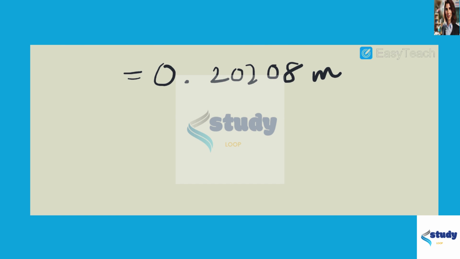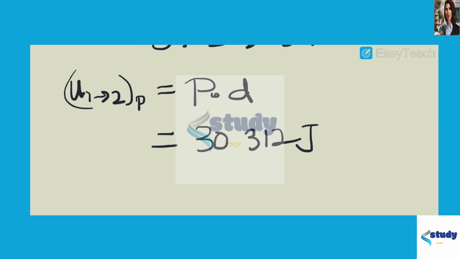Now, again, we solve for the work done by this force. U1 to 2 of this P force will be equal to P times D. We know P is 150 newtons. We know that D is this 202.08 millimeters. Plugging that in, we get a total work equal to 30.312 joules.